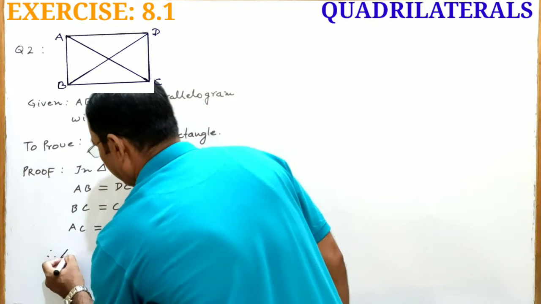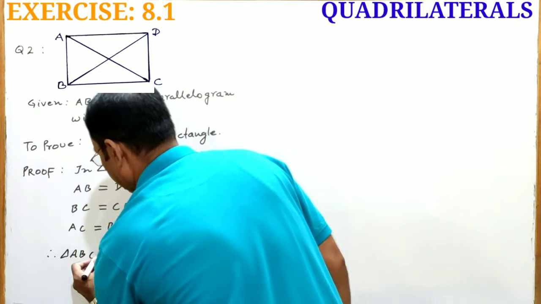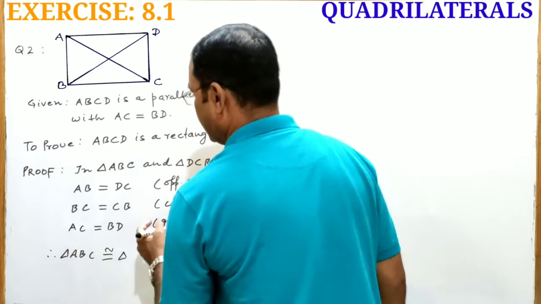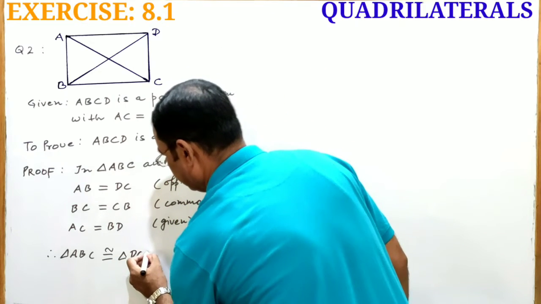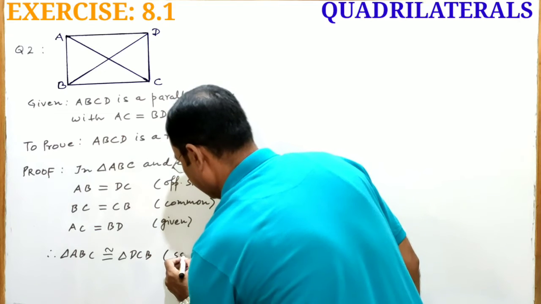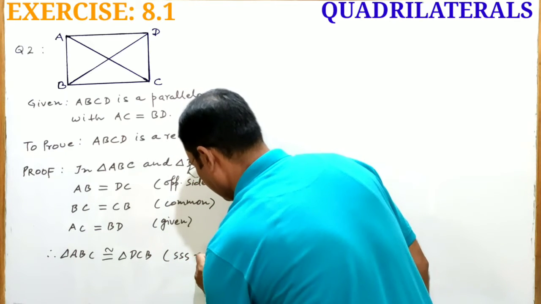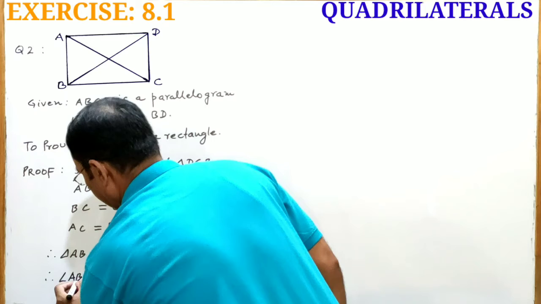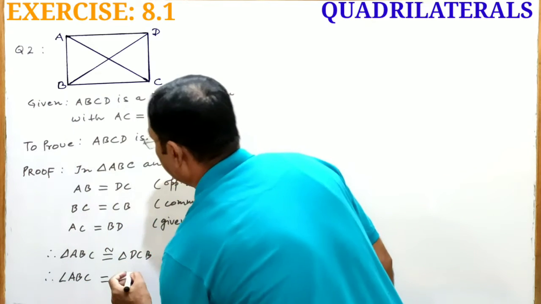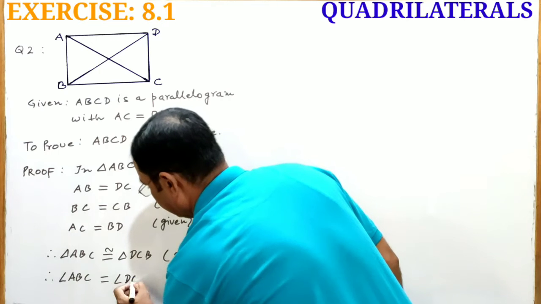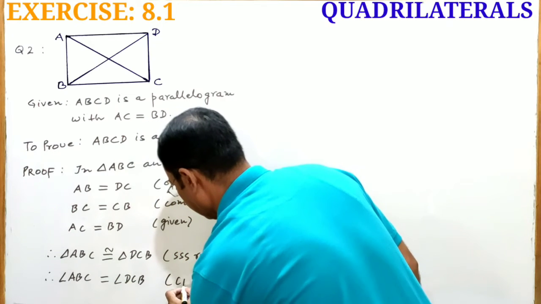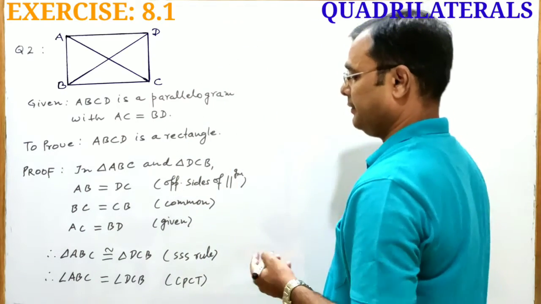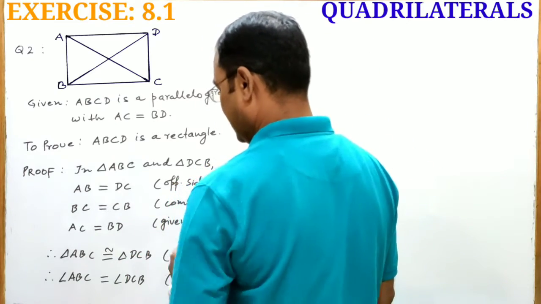Therefore, triangle ABC is congruent to triangle DCB by side side side congruence rule, and therefore angle ABC is equal to angle DCB by CPCT, because they are corresponding angles of congruent triangles ABC and DCB.